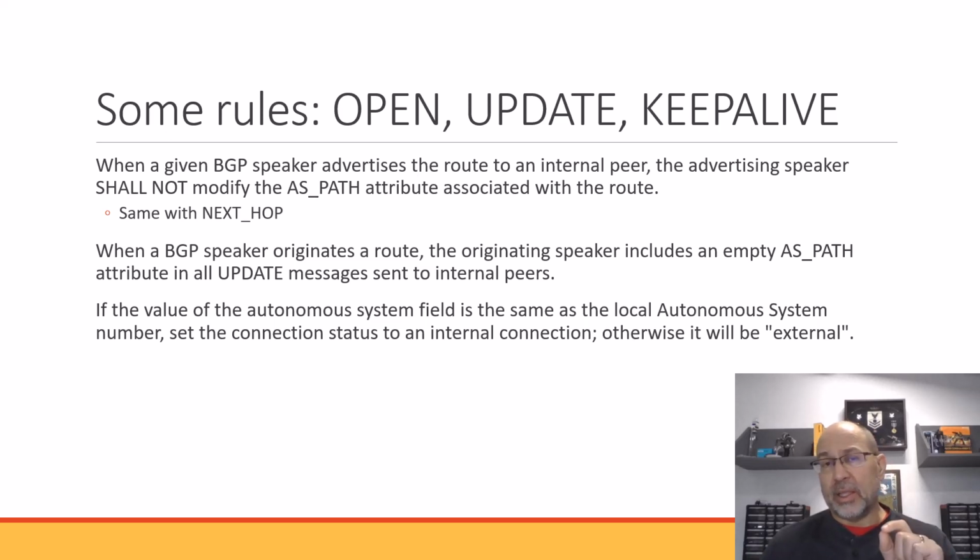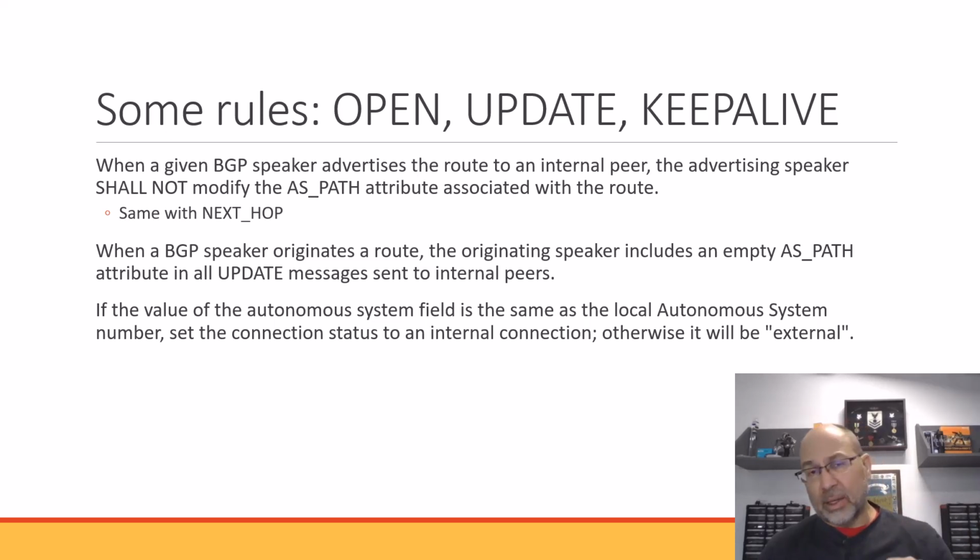First of all, that iBGP speaker is not originating the route anymore. Well, it is to an internal peer, but it's not the one that said, "Hey, listen, I have this path to the destination," and so the AS path attribute is not modified. That iBGP speaker is not the source of all information with regard to the externally advertised route.